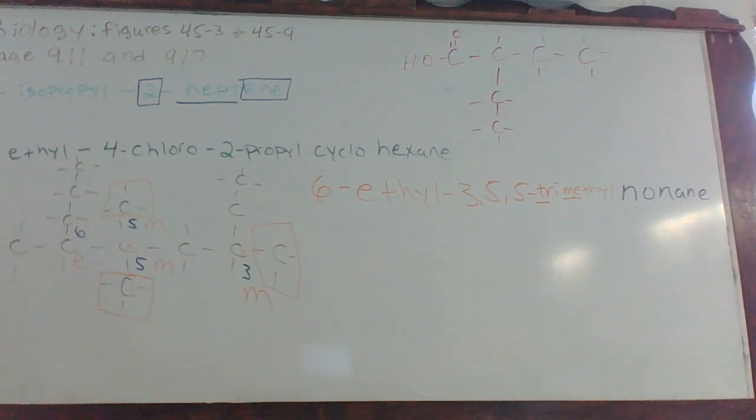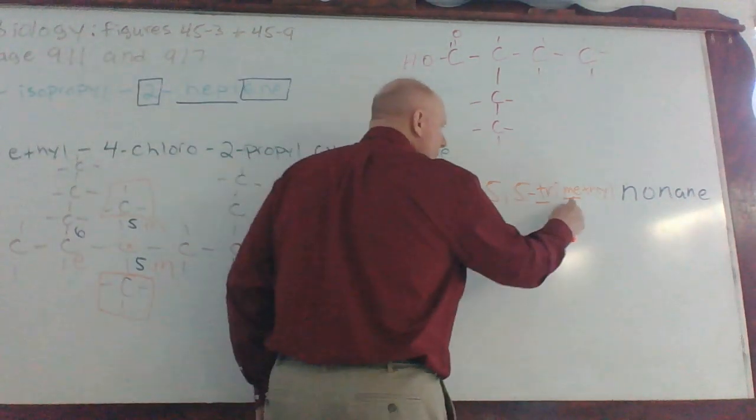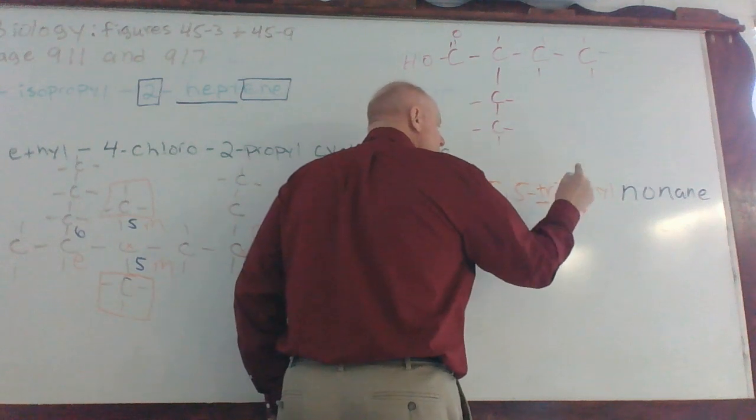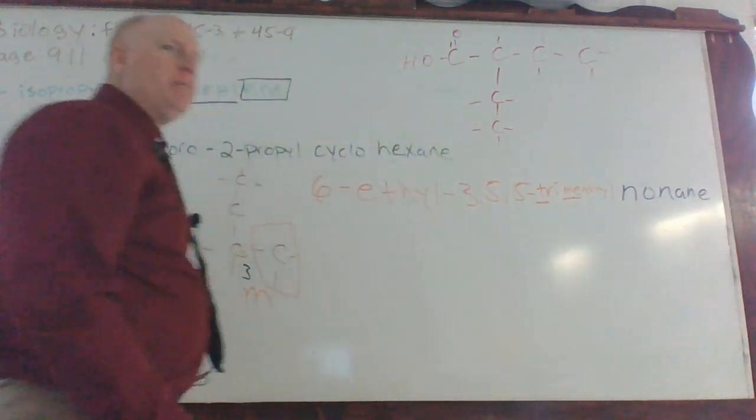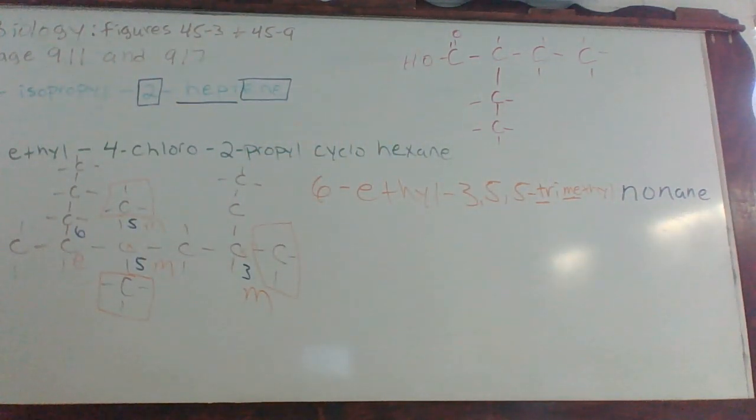I for isopropyl. Okay? So, in other words, yes, we disregard the T, we go by the M. We don't use prefixes in alphabetizing. Only the I in isopropyl or isobutyl. But we don't have isobutyl groups on there, unless you want them.